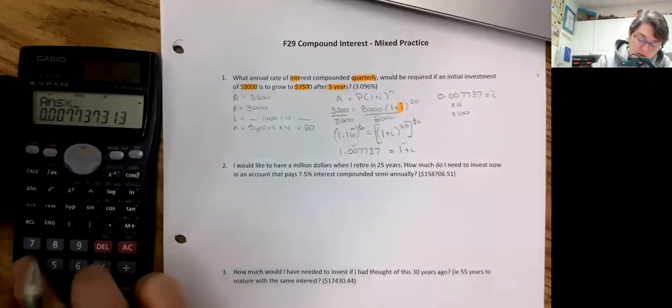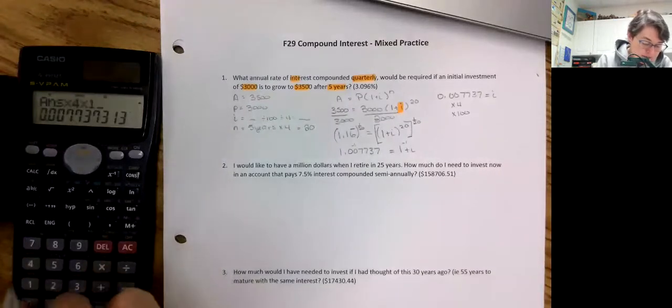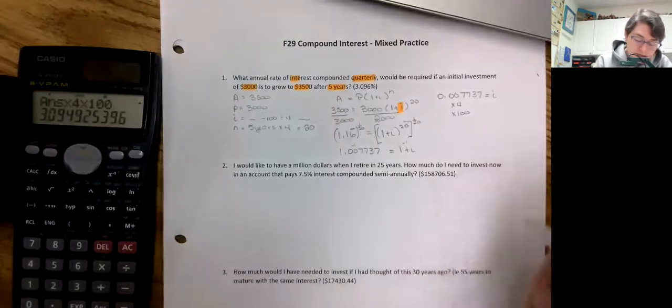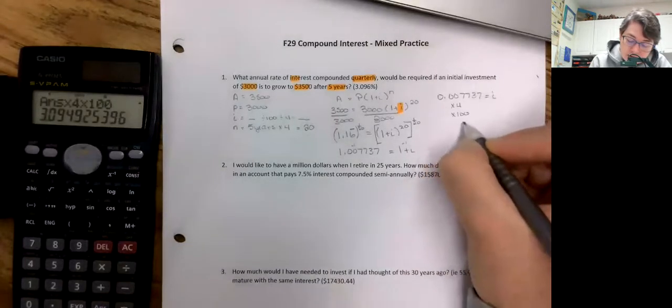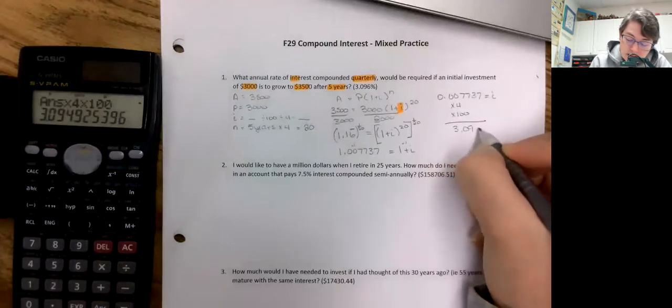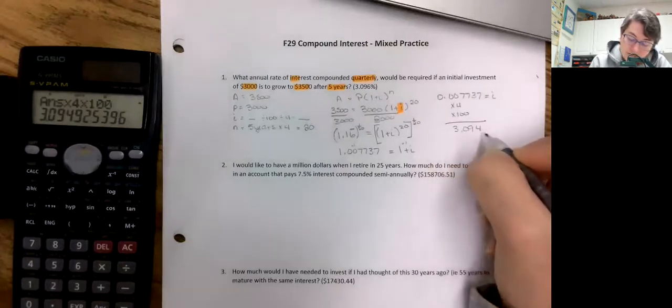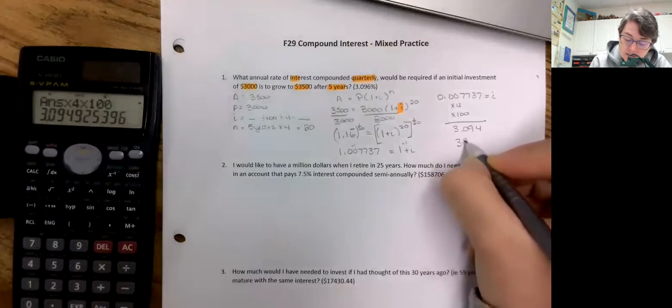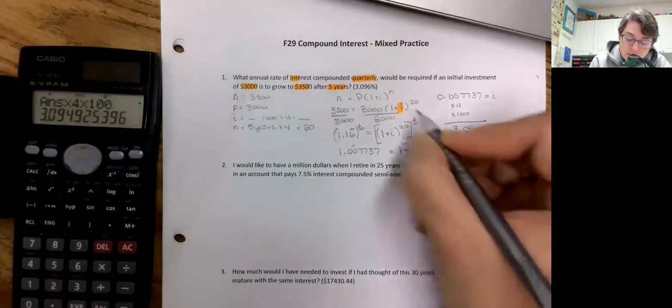So times 4 times 100, and that gives us 3.094 or 95. So we're just going to go 3%, which is pretty close.